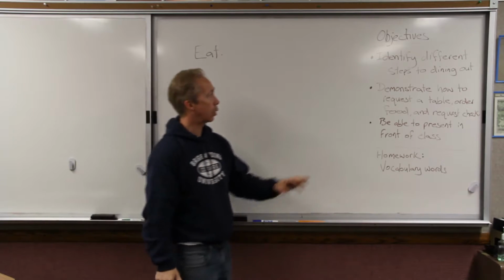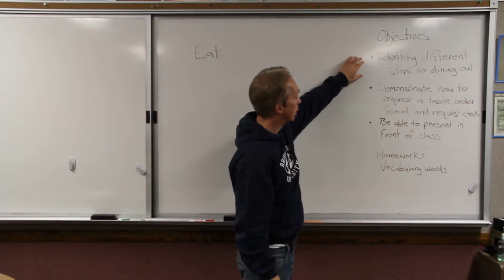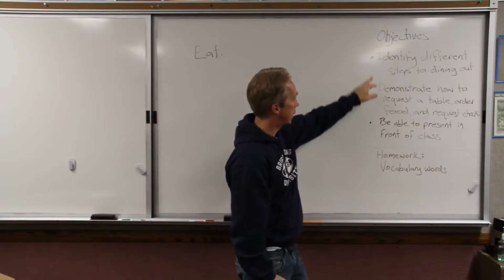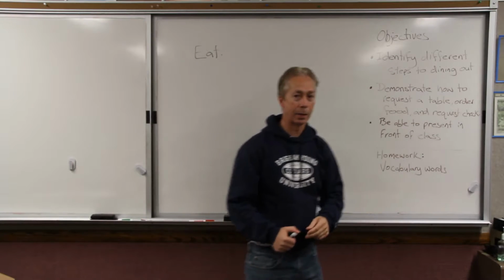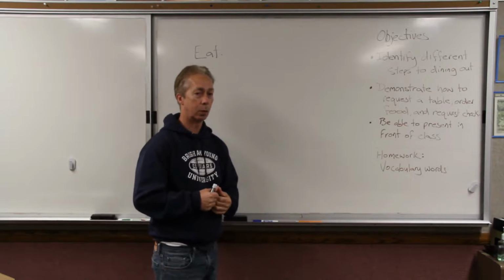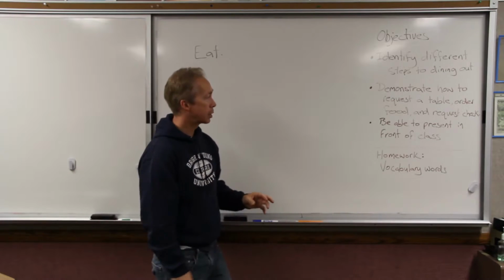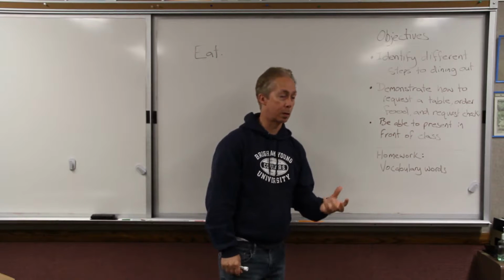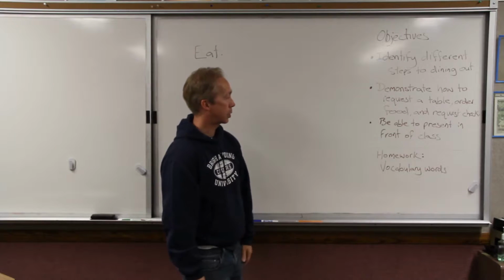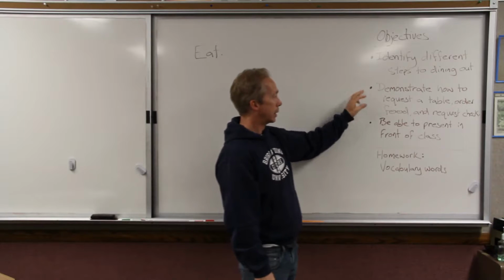And let's just review our objectives for today's class. The first objective we have is to identify different steps of dining out. What is the process when we're going out? We're going to be talking specifically about restaurants and what is the process when we eat out at a restaurant.